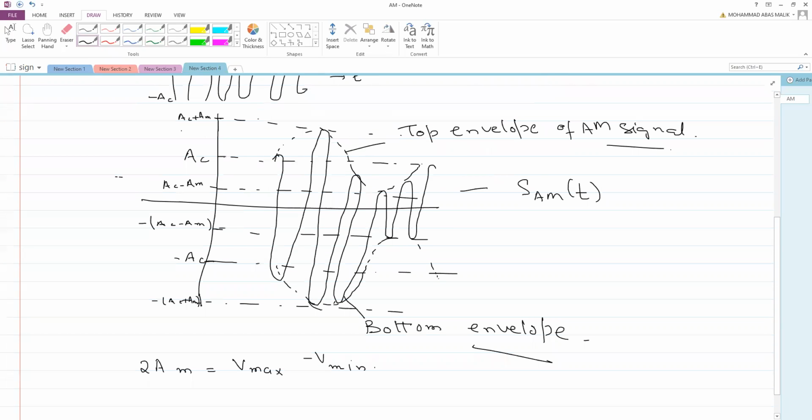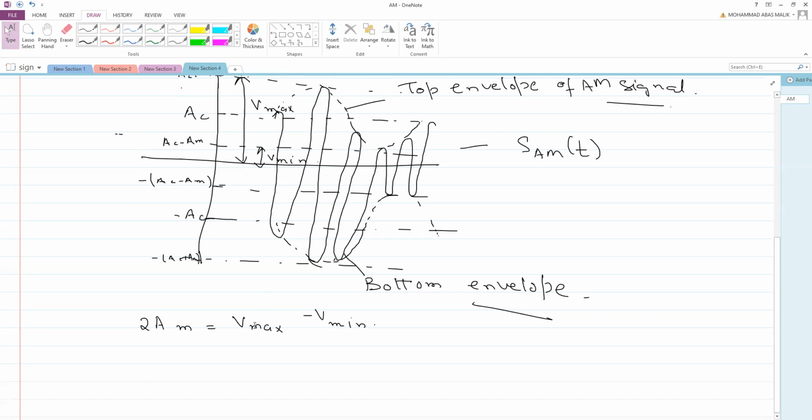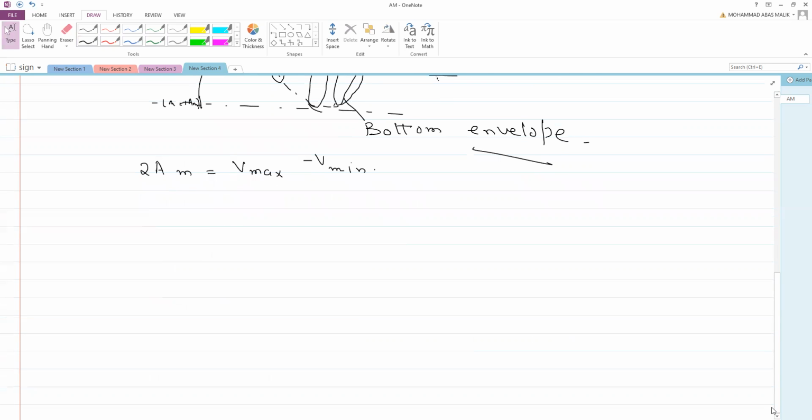This is V max, the total voltage, from here to here. And this will be your V min voltage, the minimum voltage. So finally, twice AM will be equal to V max minus V min. So from this, you can conclude AM is always equal to (V max minus V min) divided by 2.